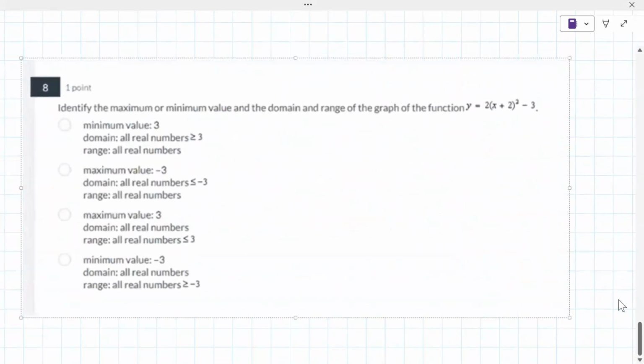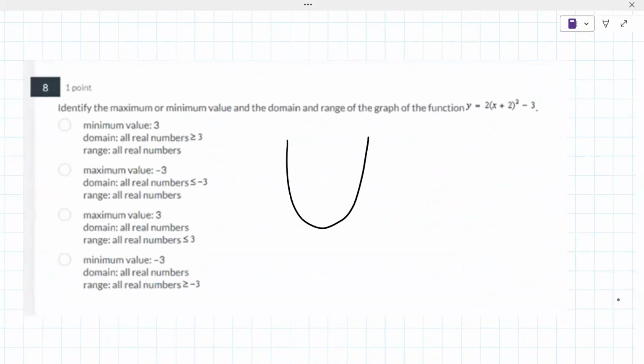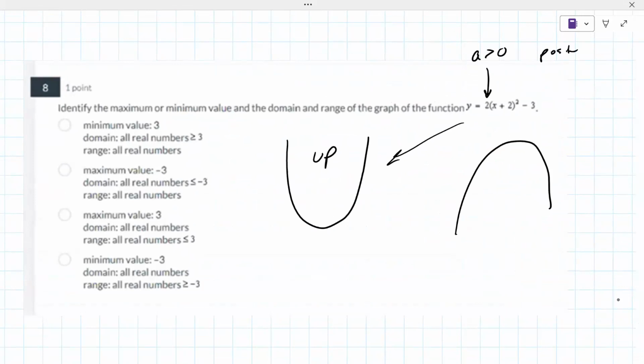So the first thing to look at in this type of problem is you need to decide whether the parabola opens up or down, and it comes from this number right here. If A is greater than 0, meaning positive, it opens up. And if A is less than 0, it opens down. So it's this graph here, which means it has a minimum.